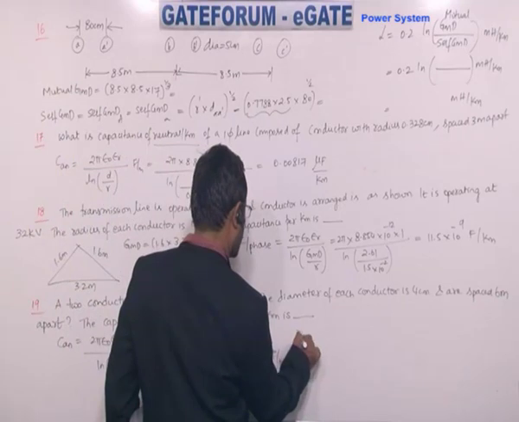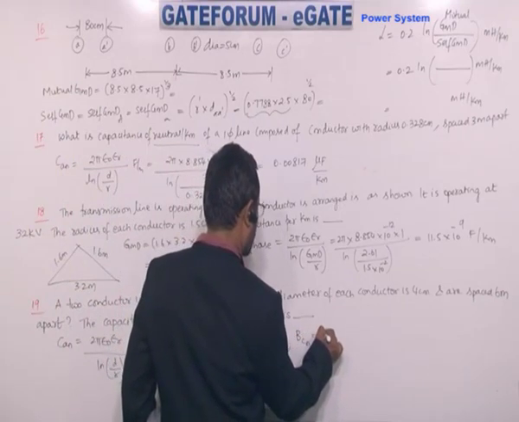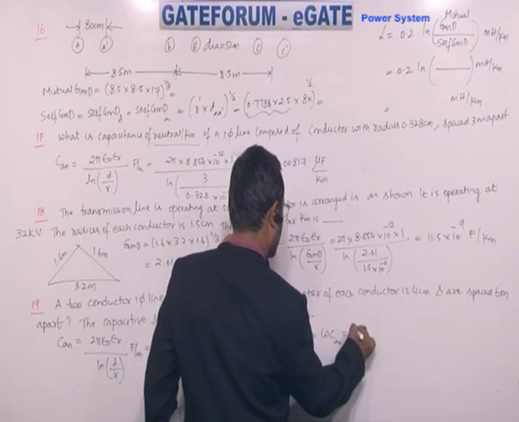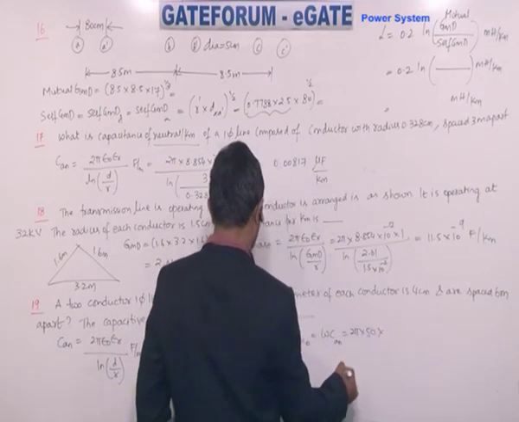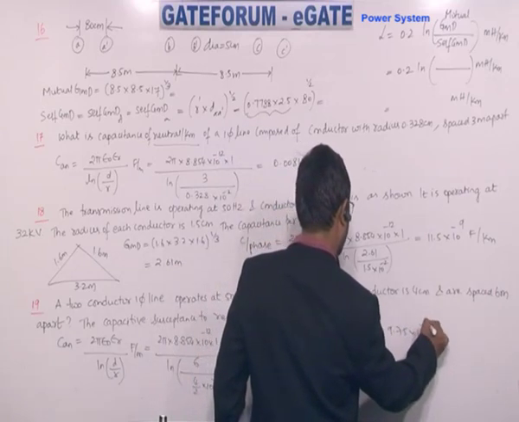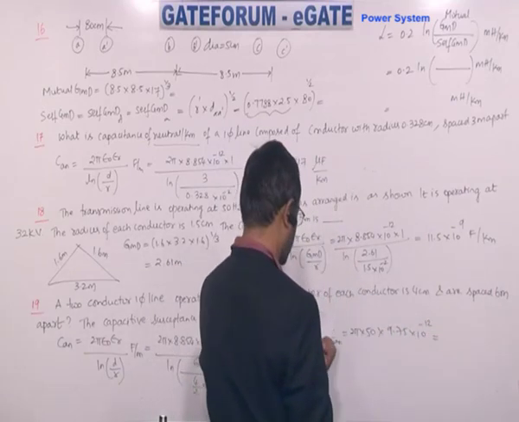Capacitive susceptance means BCN, equals omega CAN. Omega is 2 pi f. CAN is 9.75 into 10 power minus 12.